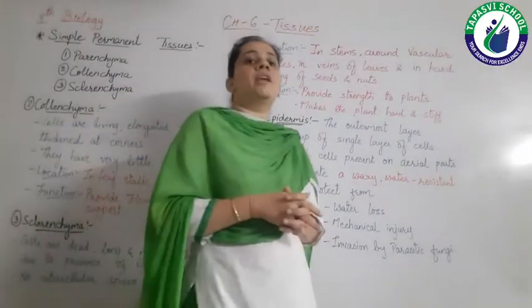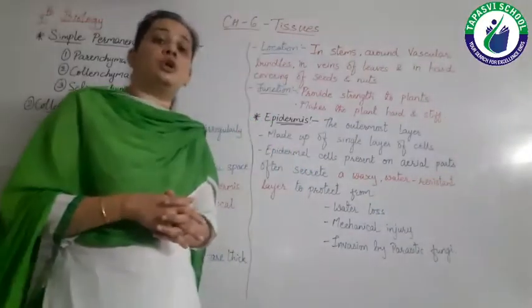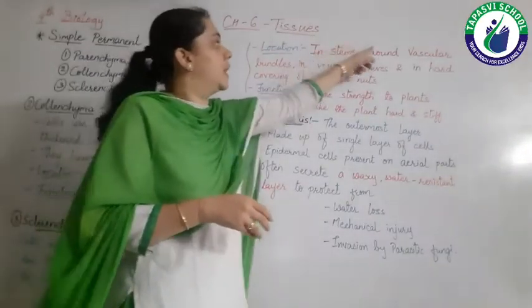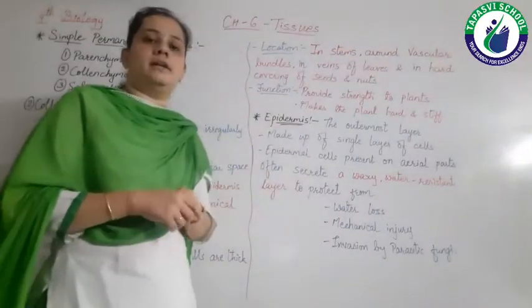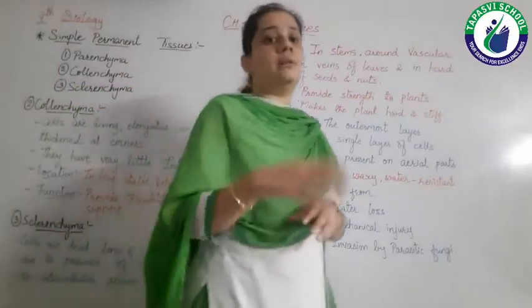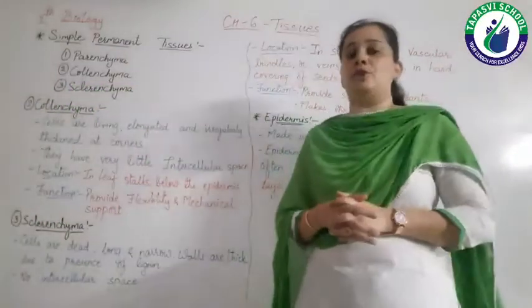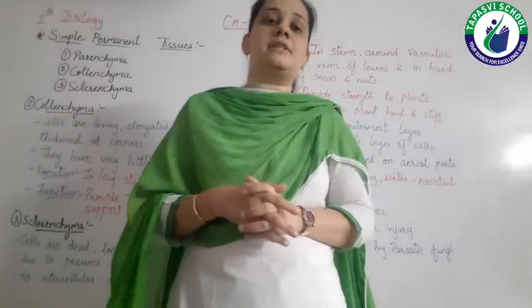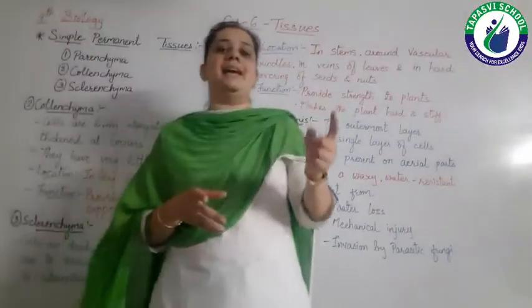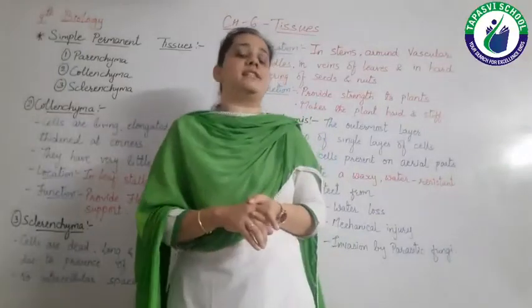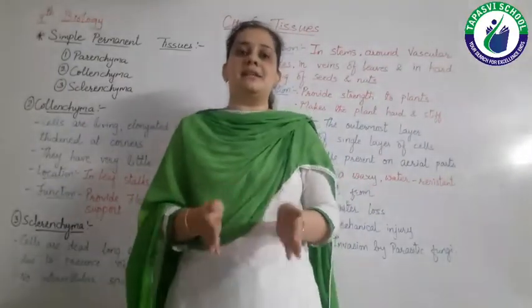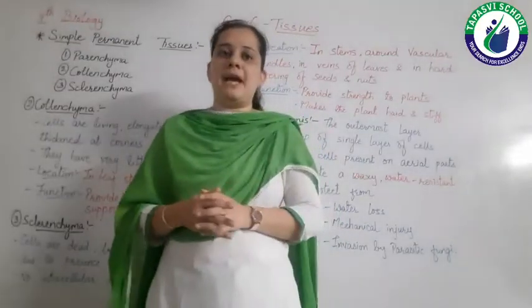Okay, so where are these cells located? So location is in stems around vascular bundles. So vascular bundles, if you remember, I told in chapter number 6 that xylem and phloem are known as vascular bundles. So obviously xylem and phloem are present in the stem of the plant.